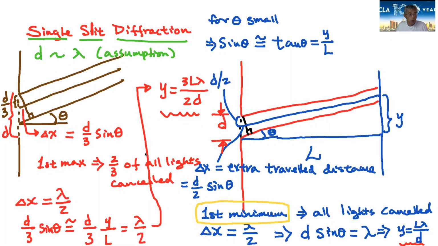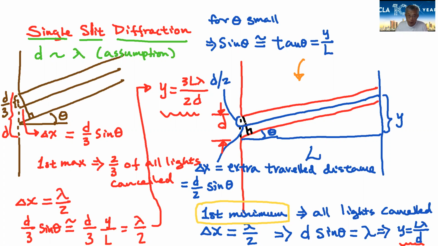So we're going to look at the first minimum first. This is the first minimum situation right there. This is the opening, and D is from here to here, and we're going to break it into two halves like that. So this one here is D divided by 2.